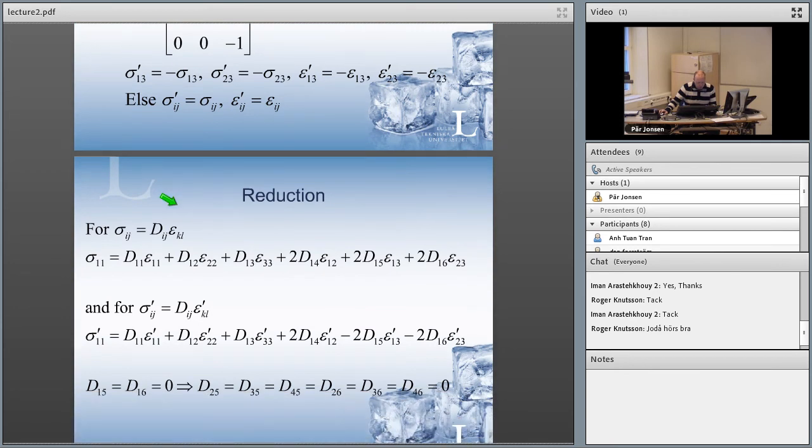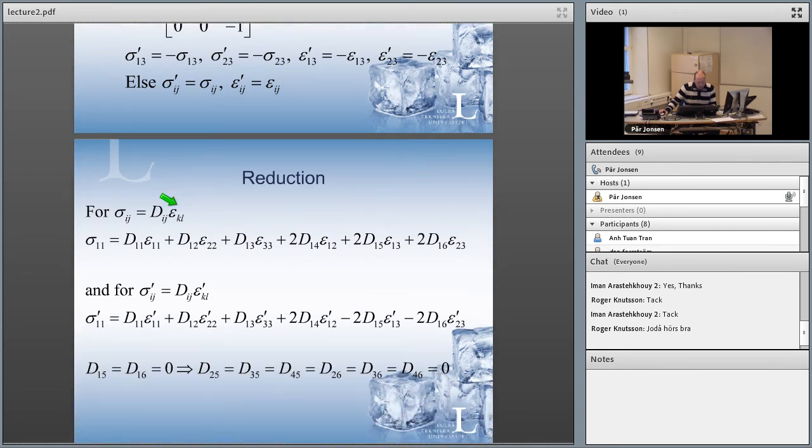If you do then this calculation, we take out one segment of equations in this full system that you have here. So looking at this sigma 1, 1, it will be like this. You have D11, E11, D12, E22, and so on.